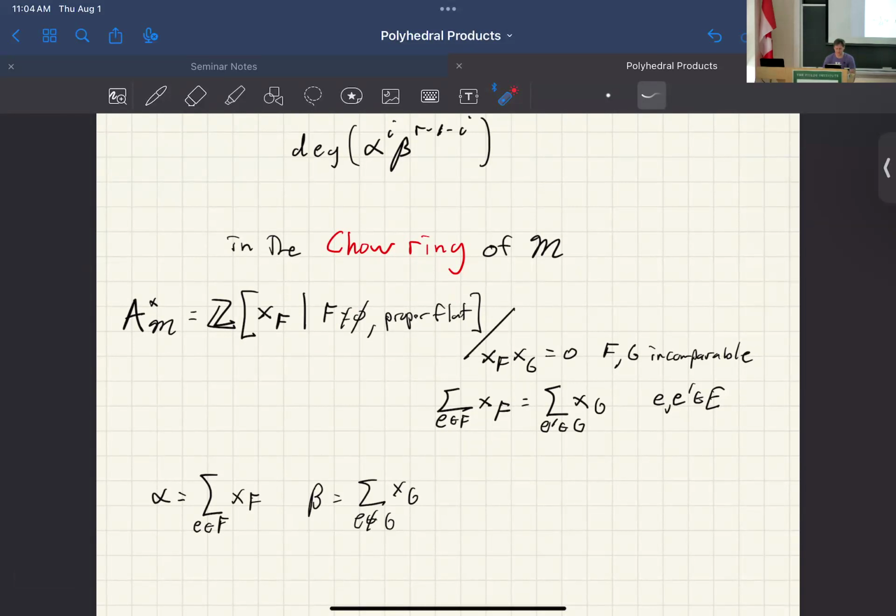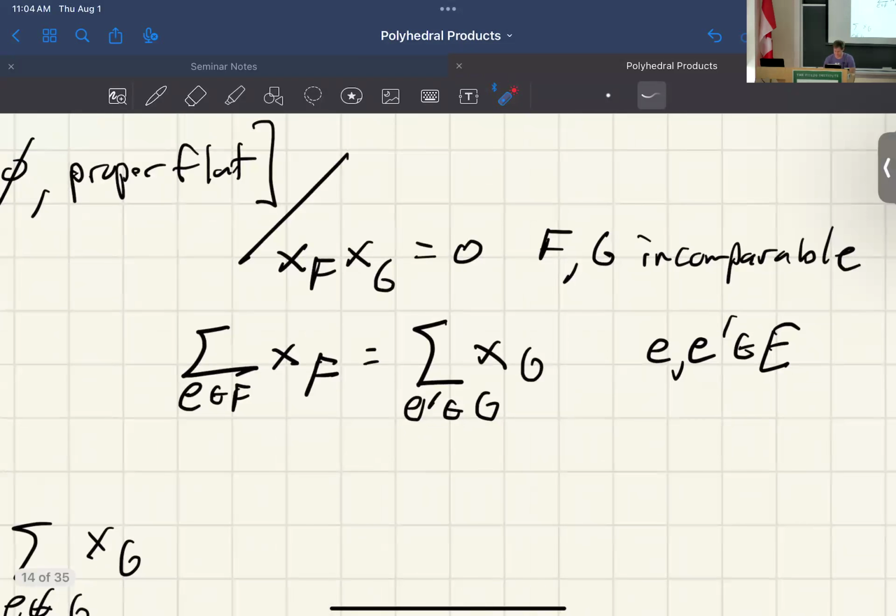It's a ring with one variable for each proper non-empty flat. You impose the relations that the product of two generators is 0 when the flats are incomparable, that is, when one doesn't contain the other. You also impose the relation that if you pick two elements of the matroid and you sum over all the flats that contain one, it has to equal the sum over all the flats that contain the other.